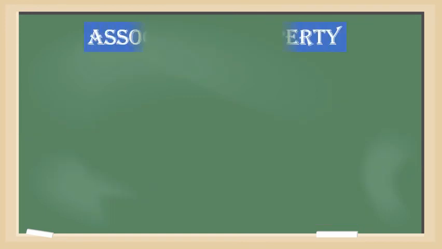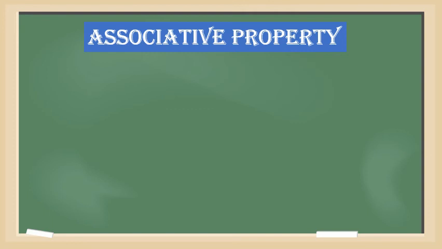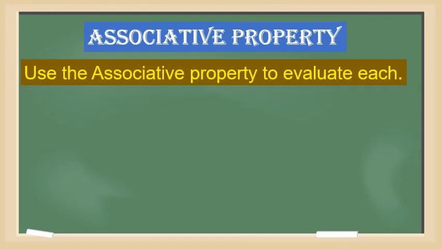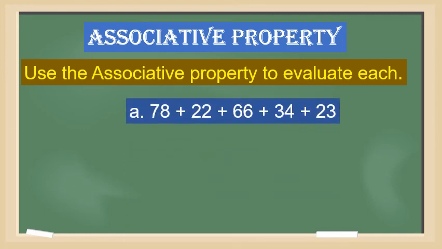Okay, so our next property is associative property. Yung sa galing ng associative property, ato silang i-grupo-grupo. Okay, so we have used the associative property to evaluate each. So, letter A, we have 78 plus 22 plus 66 plus 34 plus 23. So, unsa man natong buhaton ani?